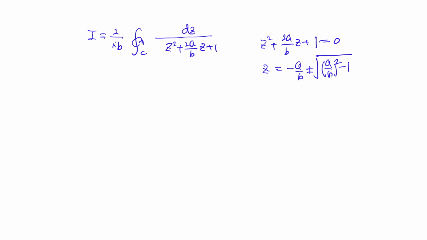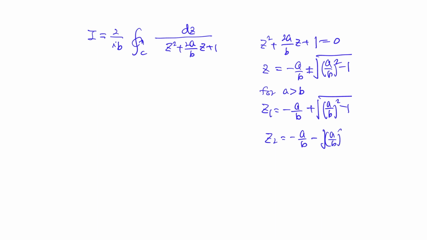So let's assume that A is greater than B. Let's say z1 is minus A over B plus the square root of (A over B) squared minus 1, and z2 is minus A over B minus the square root of (A over B) squared minus 1.